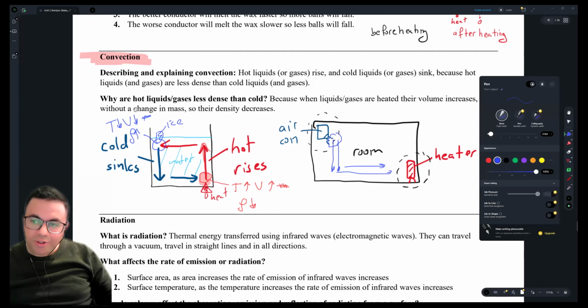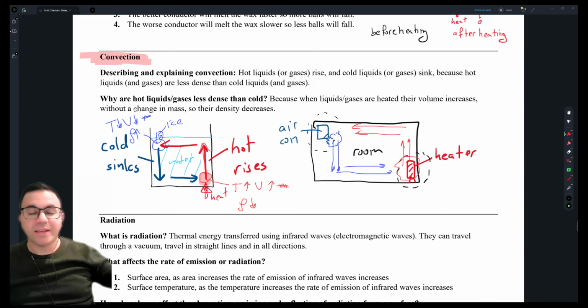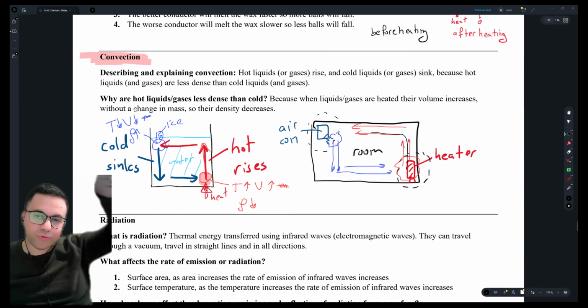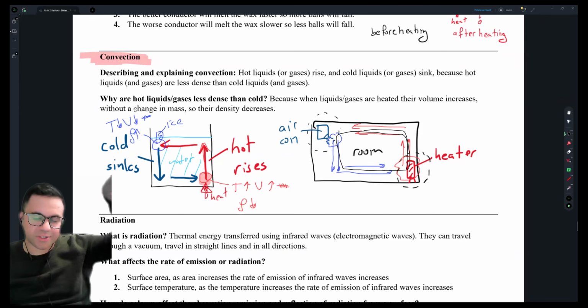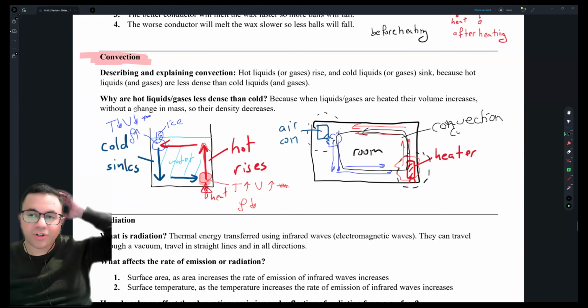A heater would heat up the air, making it expand. It becomes less dense, so the hot air rises. This flow of air or liquid is called convection, and the flow is called the convection current.